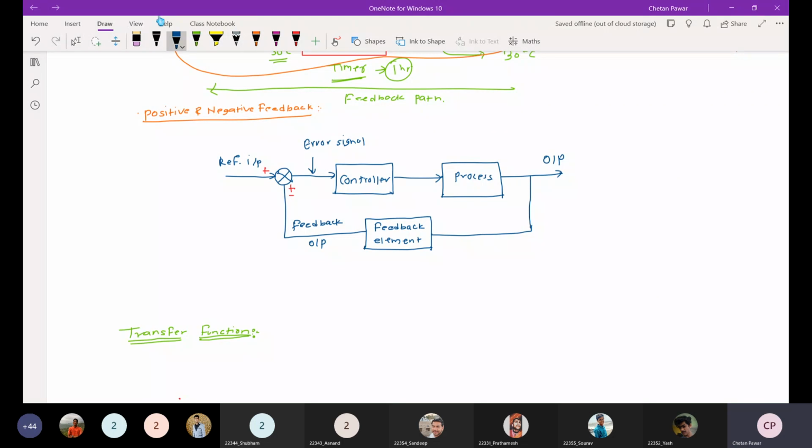Okay, so it's just like when a negative sign is there at this summing junction, that will be the negative feedback. Such negative feedbacks are generally used in amplifiers. It is also called a degenerative feedback.